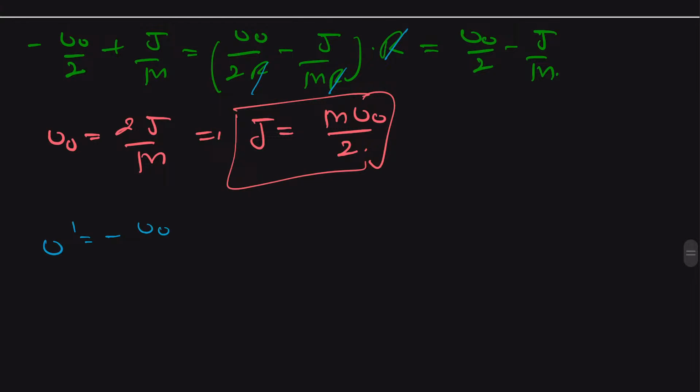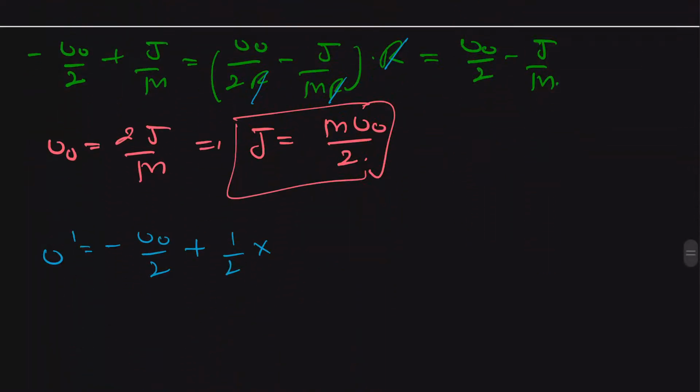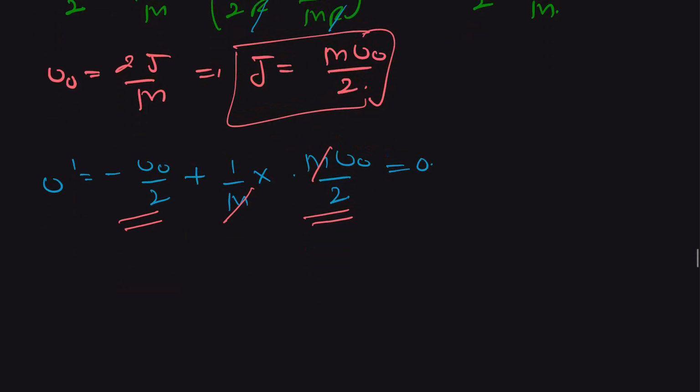So this comes as minus v naught upon 2 plus, this is 1 by 2 times, not 1 by 2 but j upon m, 1 upon m times m v naught upon 2, and here this m and m cancel out, so this will be minus v naught upon 2 and plus v naught upon 2, this will be equal to 0. And similarly we can say that our omega prime will also come equal to 0.